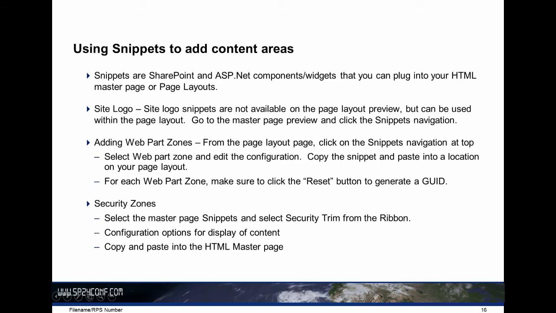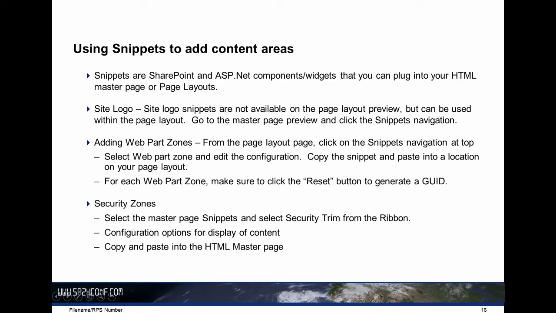So with the use of snippets, we were able to add in different things. We could add in our site logo in particular places, and that was one thing we did with our 100 Years site. We can add in different web parts. We can create web part zones, just like we do typically within SharePoint, where we can put in different web parts.